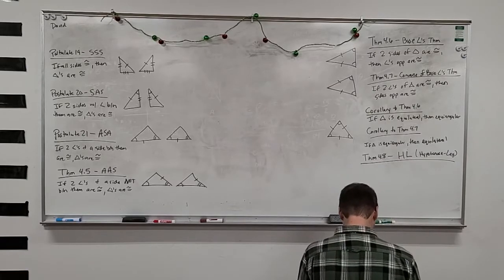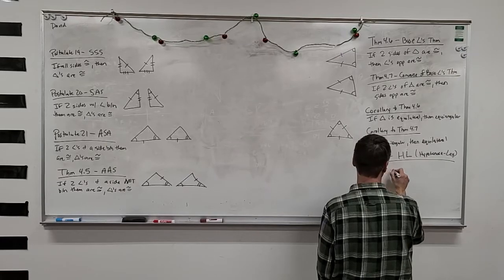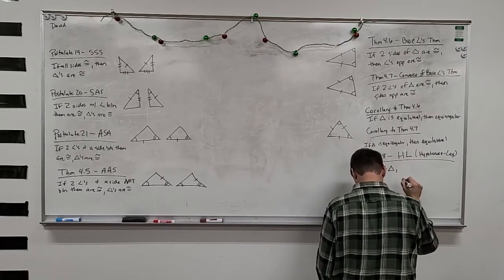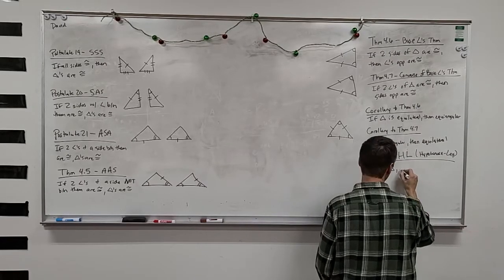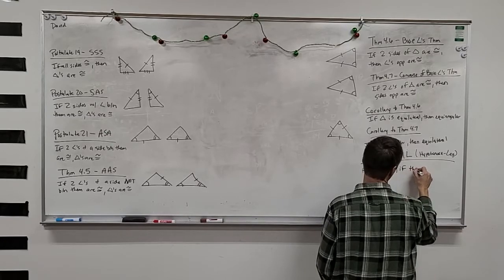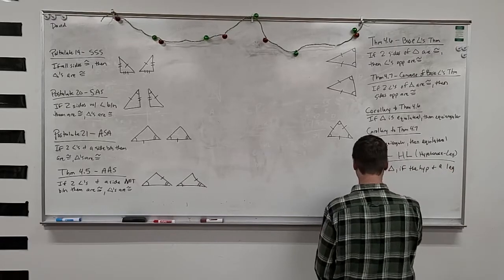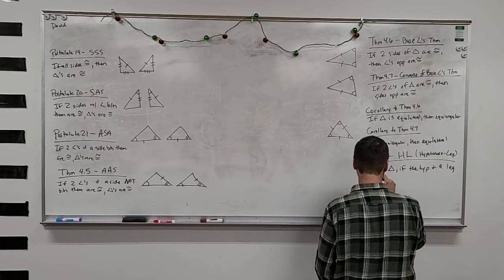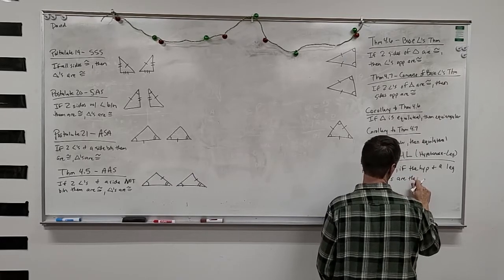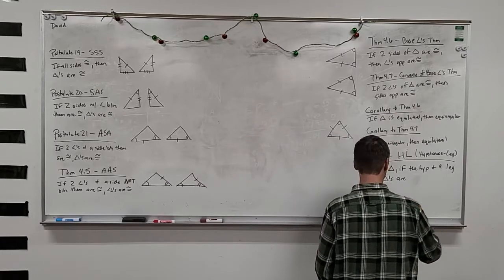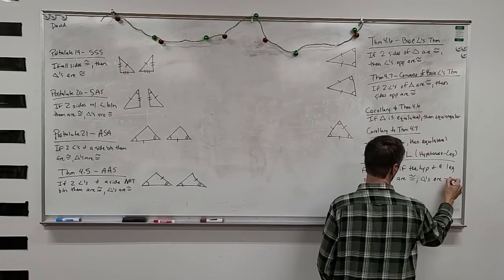And so that says for a right triangle, if the hypotenuse and a leg of two triangles are the same, I should say are congruent, the triangles are congruent.